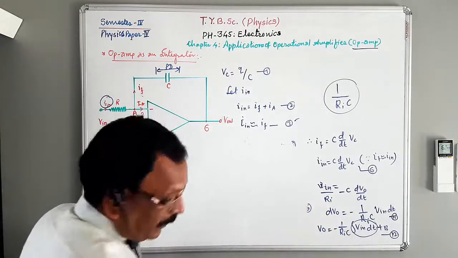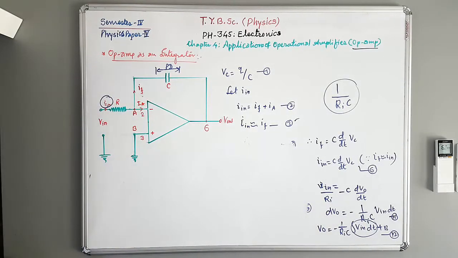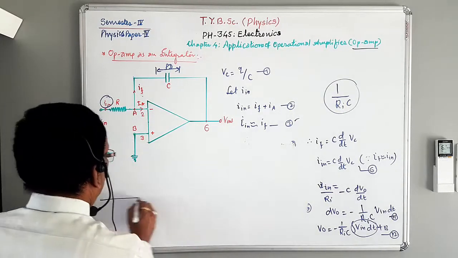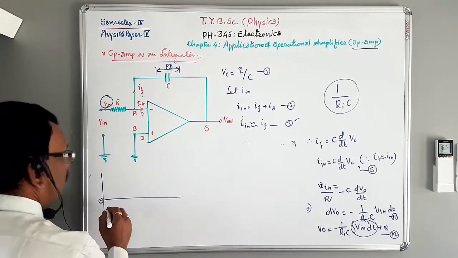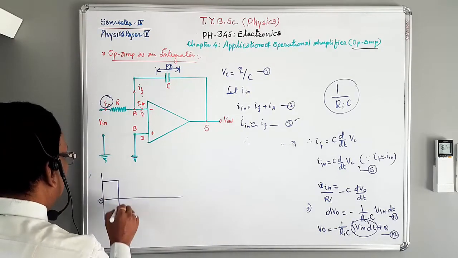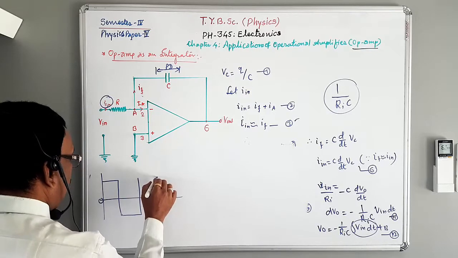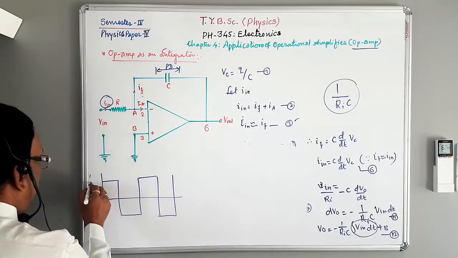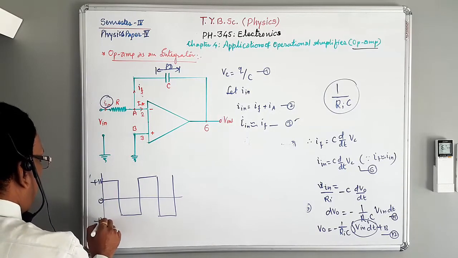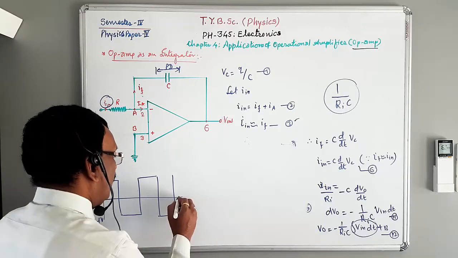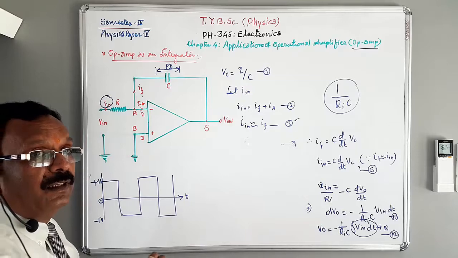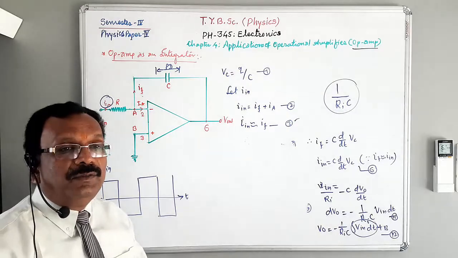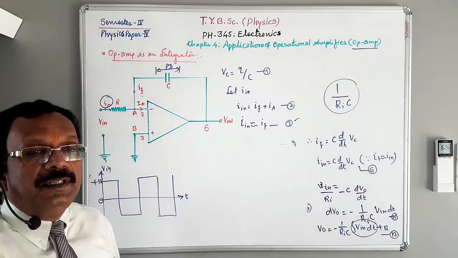Input and output waveform. If the input waveform is like this, 0 volt, plus 1 volt, minus 1 volt. This is the square wave and this is the time axis. Okay, and this is the VIN. This is the input signal given to this integrator.